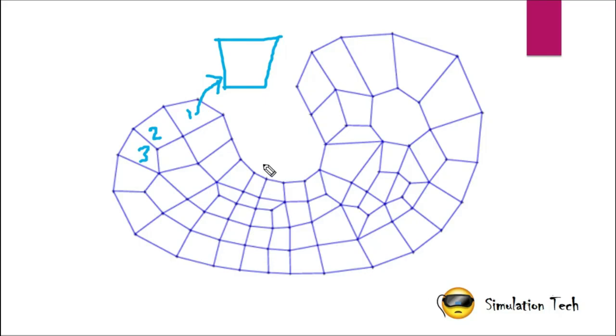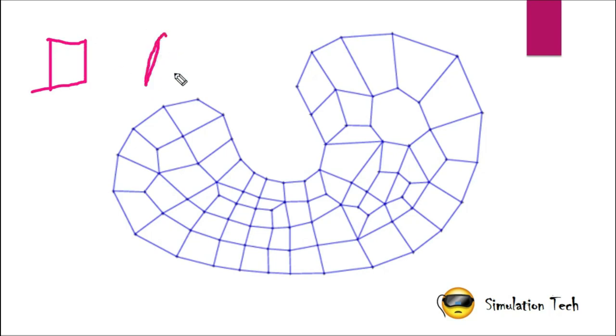Whatever the element may be, maybe it's a quad element or a triangular element, we need nodes to create an element. A node is a junction point of elements. So here I have a node, here a node, here a node, here a node. And in this triangular element, here I have nodes, here nodes, and here nodes, right?